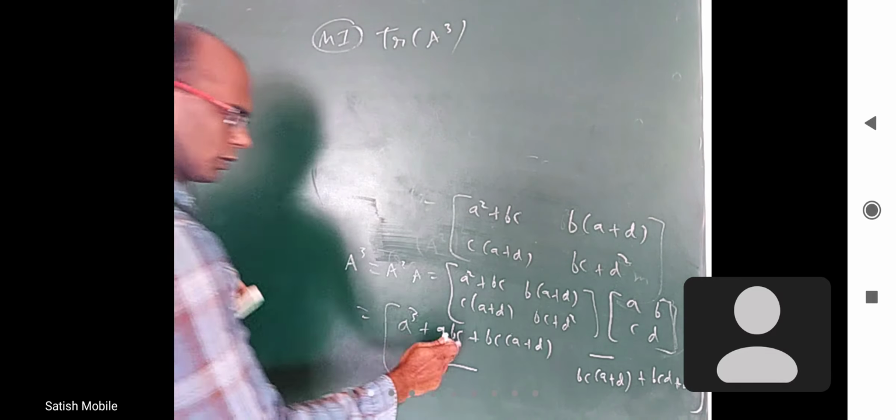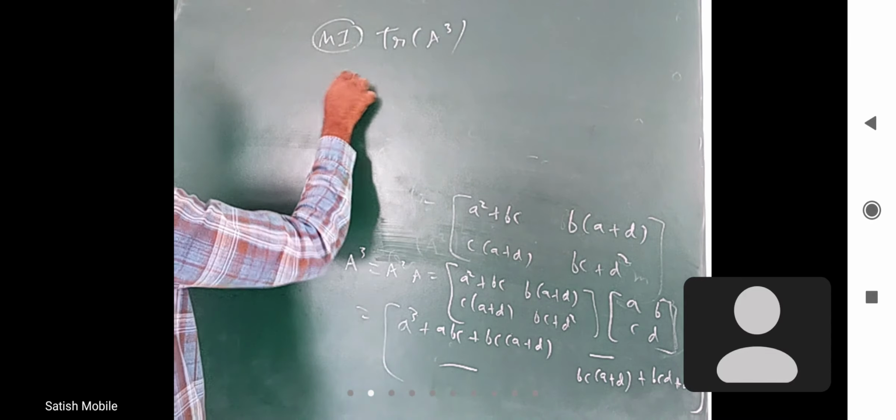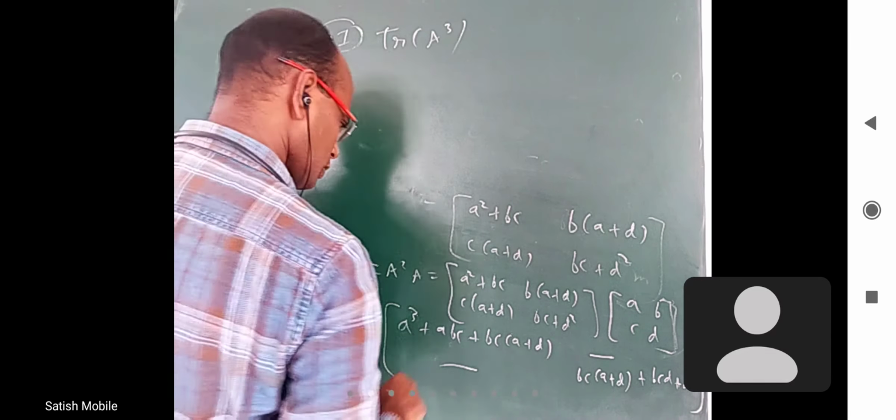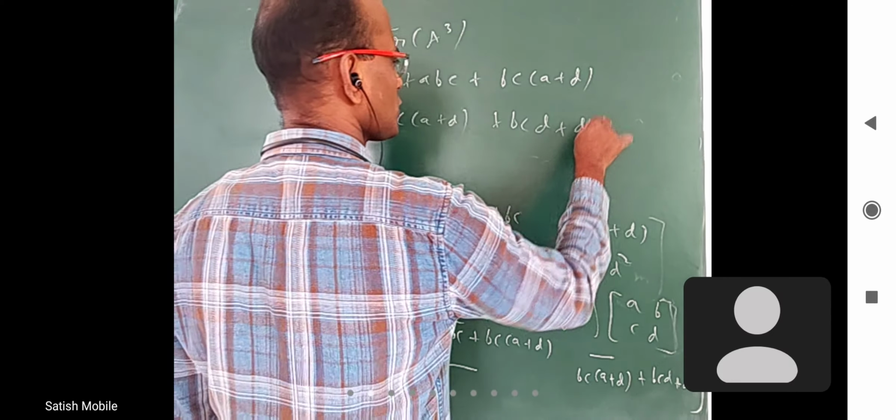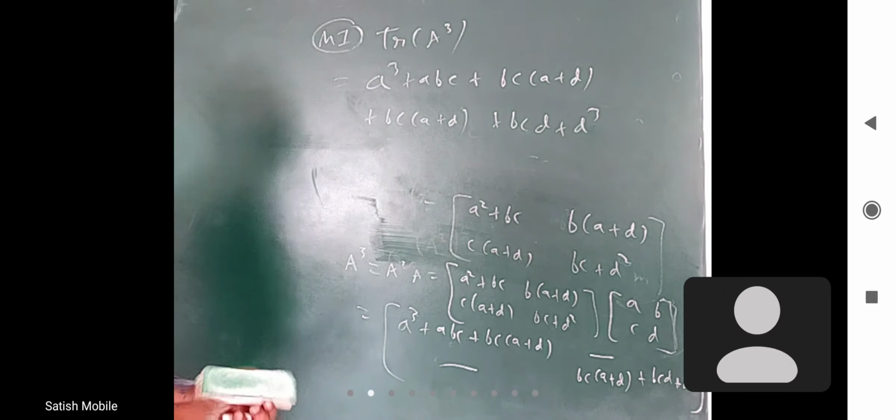For A cube, I am continuing this method 1 where I get trace of A cube as this plus this. What is this? A cube plus ABC plus BC into A plus D. This one again BC into A plus D plus BCD plus D cube.